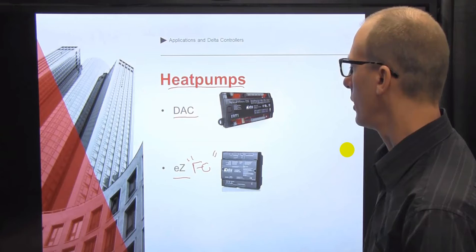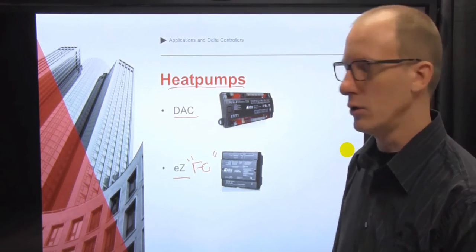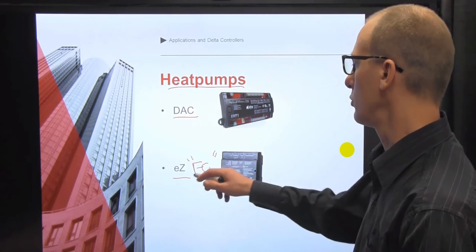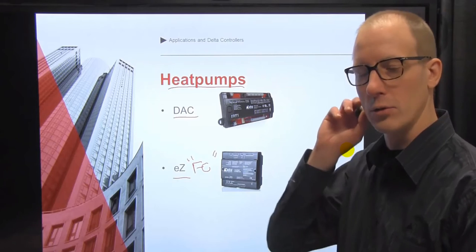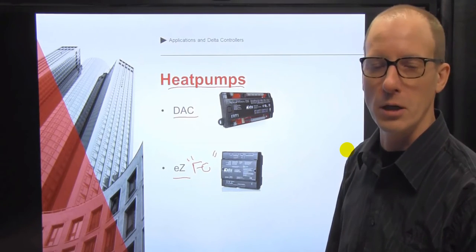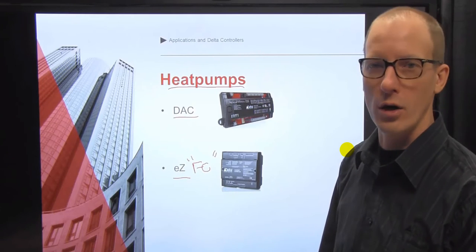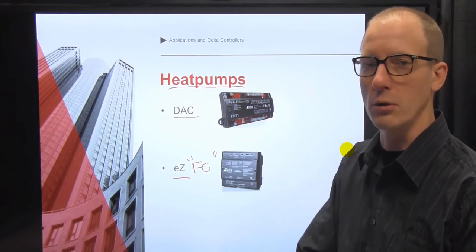Obviously, a heat pump is going to have line voltage available at it in order to run the compressor. So in that case, this would be a suitable choice. Now, when we're talking about heat pumps, what I'm really referring to here is the unitary size, single room type heat pump. I'm not talking about the large scale heat pumps that are used with geothermal systems, for example, to exchange heat with the ground.